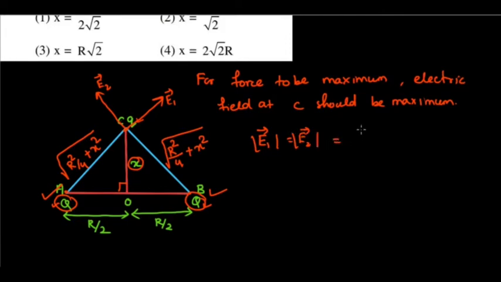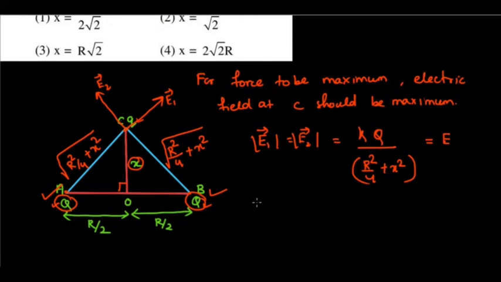The magnitude will be K into capital Q divided by distance square, and the distance is square root of R square by 4 plus x square. So distance square means we will get this much. So E1 vector and E2 vector will have the same magnitude, and let us say this magnitude is E.